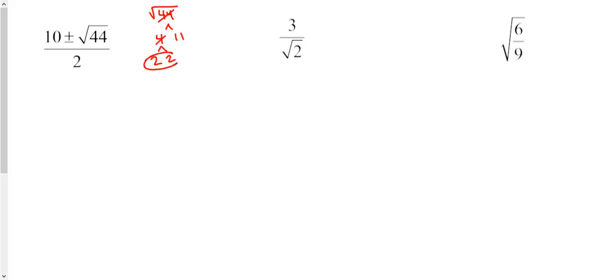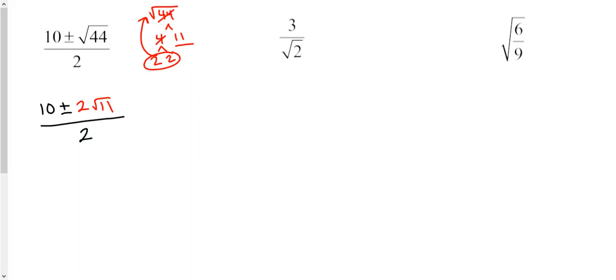So there's my group. So remember, that's just going in the front of the square root sign. So if I'm going to rewrite this, I have 10 plus or minus, I now have a 2 square root 11 is left over all over 2.